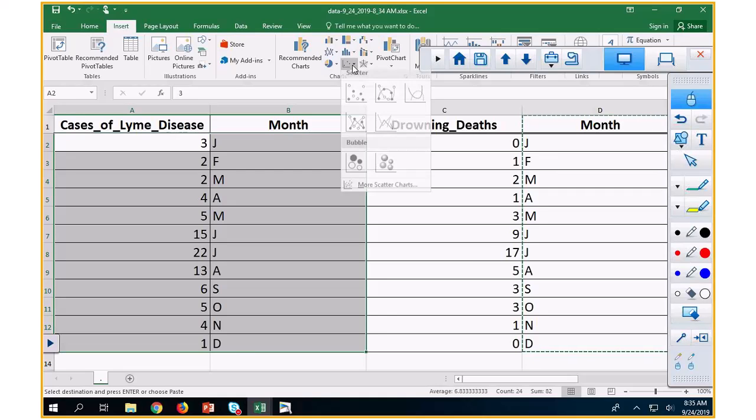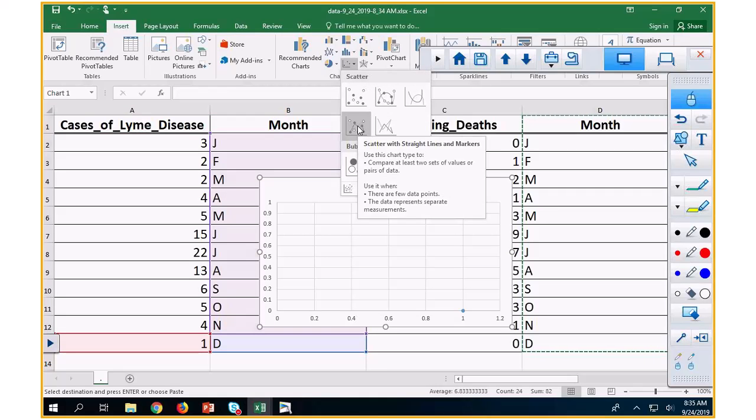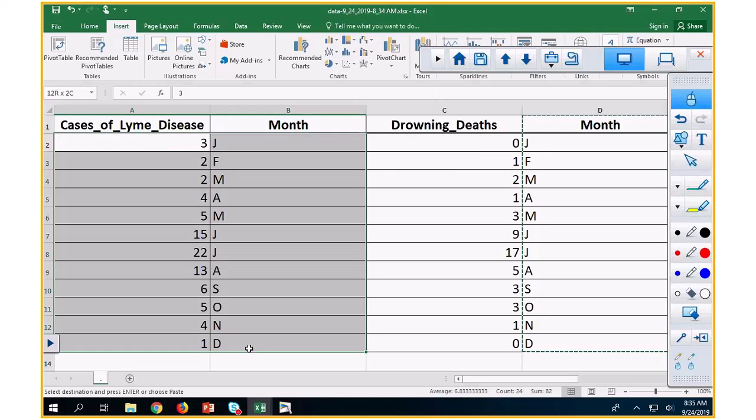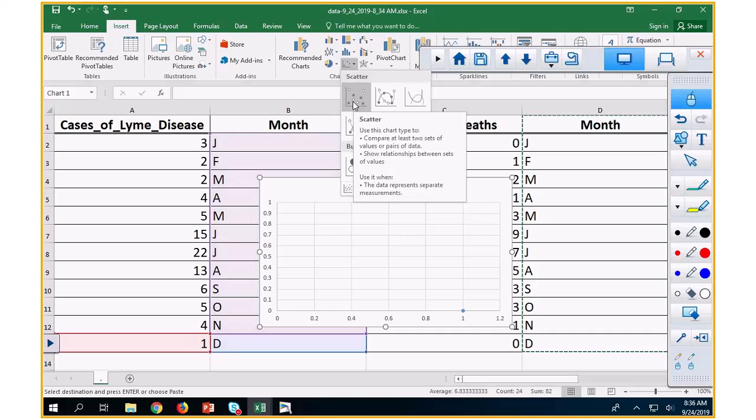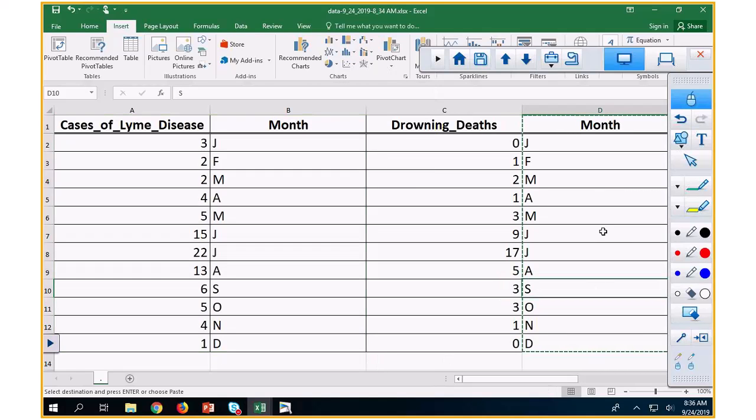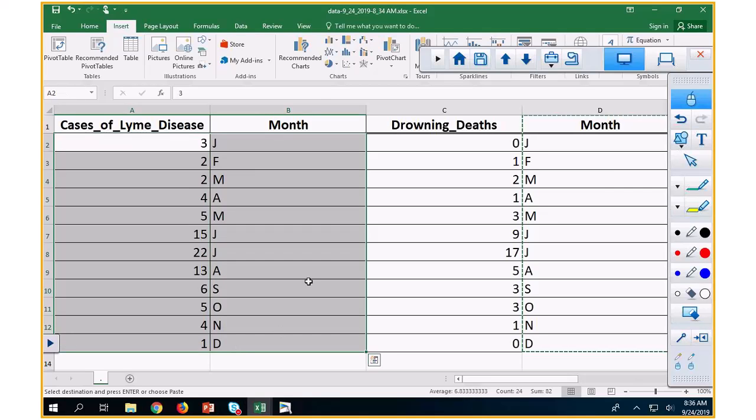Insert. Well, sorry, hold on. Insert. Why does it keep going over here? Okay, I don't know what it's doing. I'm trying to do it, and it's not doing it.